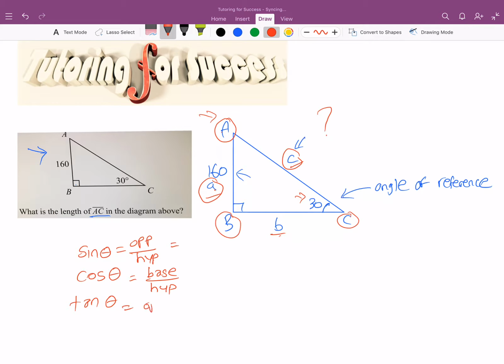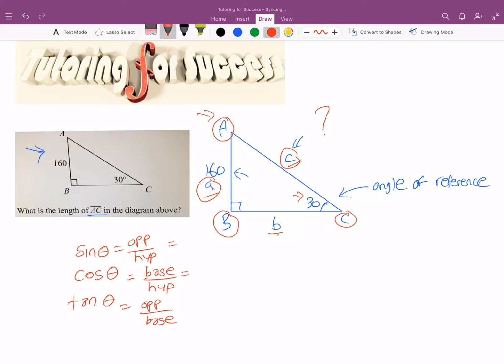And tangent is opposite over base. So these are three basic standard expressions. Let's put it in terms of the letters that we developed. Opposite, we said, was A, which is right here. Hypotenuse is C. Cosine, base is B, hypotenuse is C. Tangent, opposite is A, base is B.